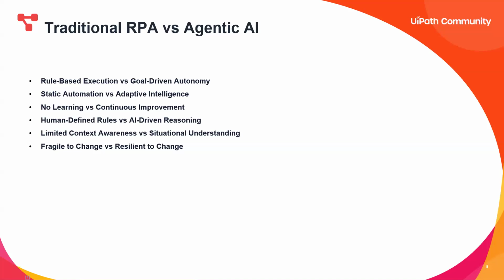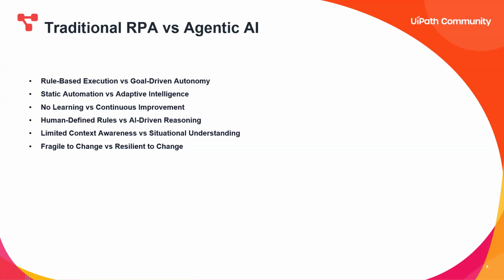This makes agentic automation much more suitable for dynamic environments. It can assess changing variables and still find a way to meet the objective, like GPS that reroutes when traffic hits.